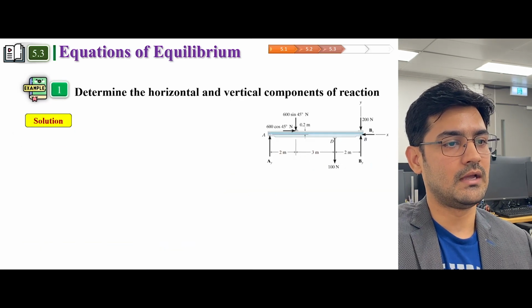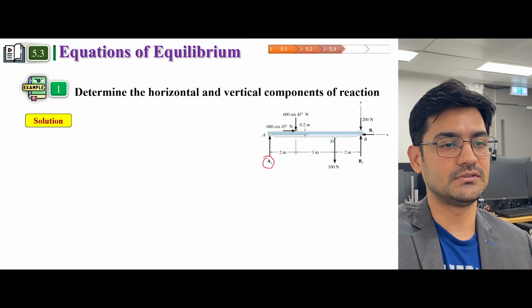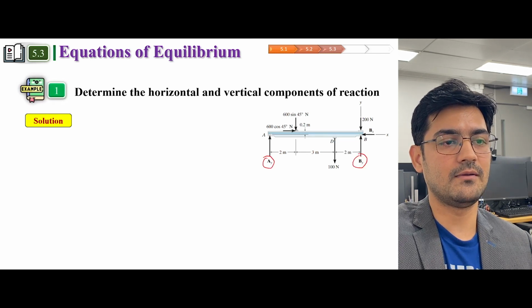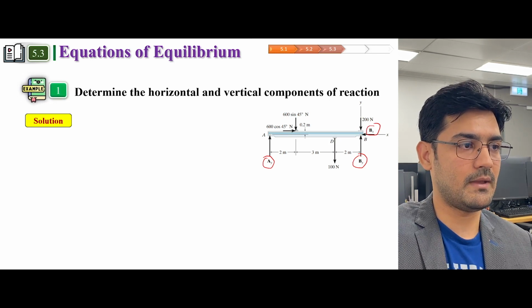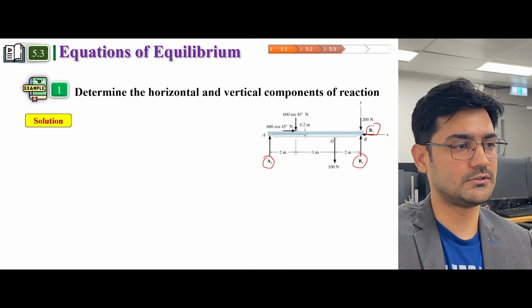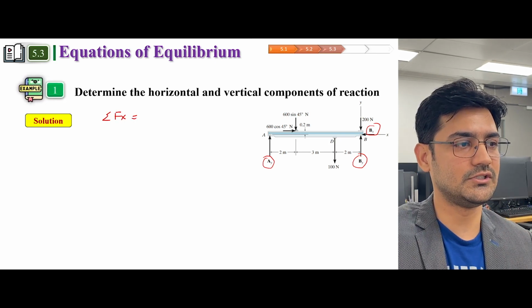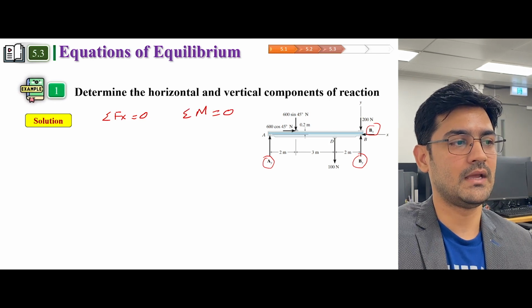Now how can we find these reactions? We have to find Ay, By, and Bx. Remember, we have equations of equilibrium: summation of Fx equal to 0, summation of Fy equal to 0, and summation of moment equal to 0.